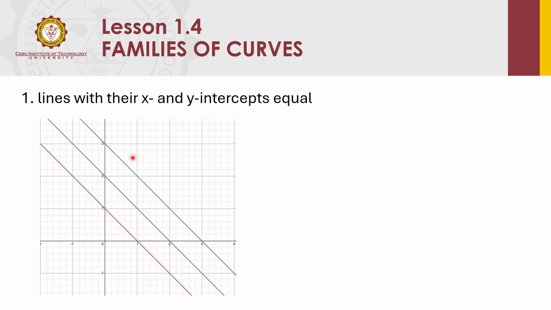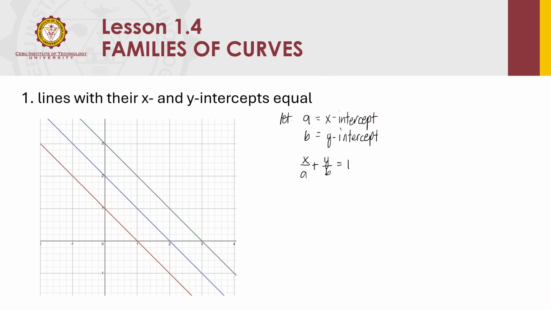So step number 1 is we're going to write the standard equation. For this line with x and y intercepts, we usually use letter a for the x-intercept and b for the y-intercept. So the standard equation involving x and y intercepts is x over a plus y over b is equal to 1.